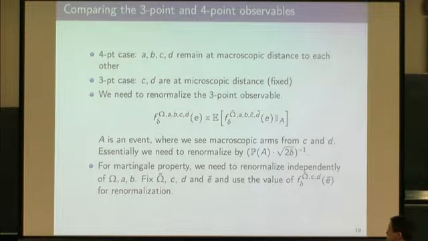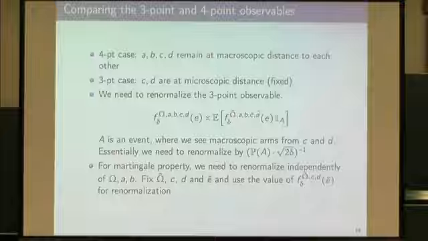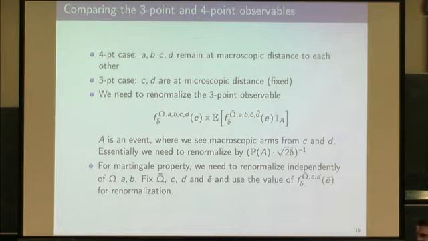So you need to renormalize by the probability, but you actually want to renormalize independently of your domain A, B, and T. So you need to take a slightly larger domain which agrees with your original domain in the neighborhood of C and D, and use the value of some observable in the larger domain.